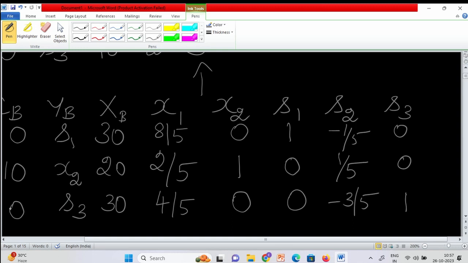Next we have to calculate the value of Zj. Zj equals 20 into 100, which is 200, and then the other two values are 0, 10 into 2 by 5, which is 4, here 10 into 1, 10, here also 0, here 2, and then here also 0.